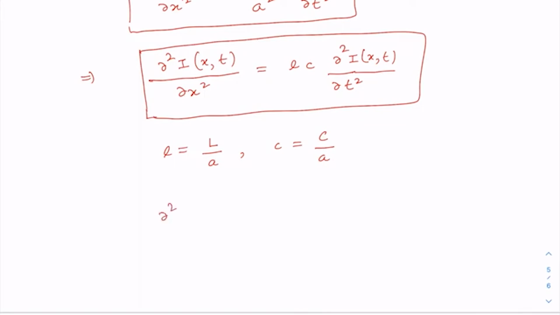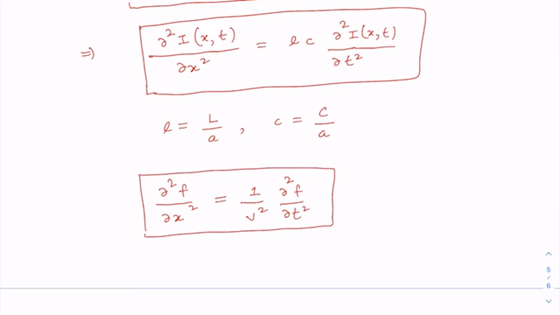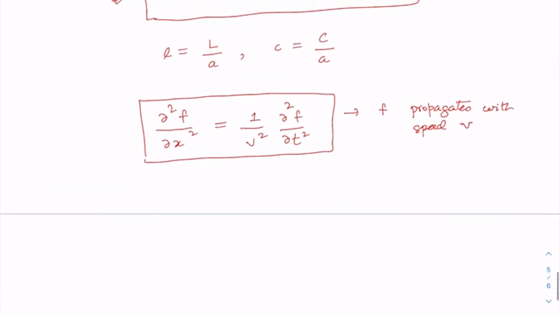Just recall that the wave equation that you must have learned earlier is of this form, that is second order in space and second order in time, where f is a disturbance which is a function of position and time, and this equation simply tells that f propagates with speed v.